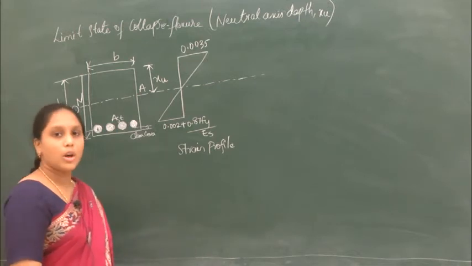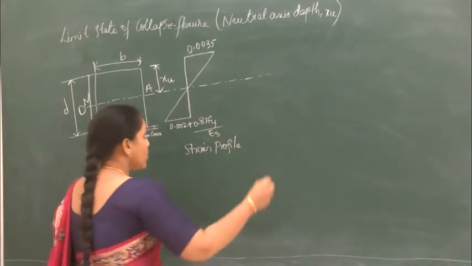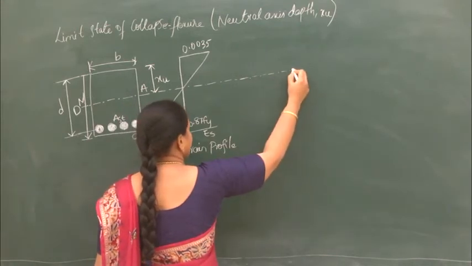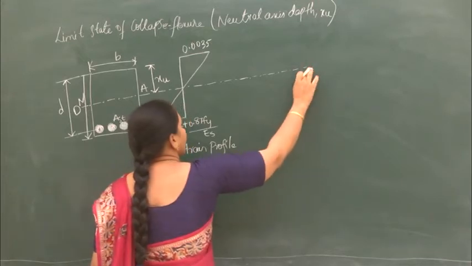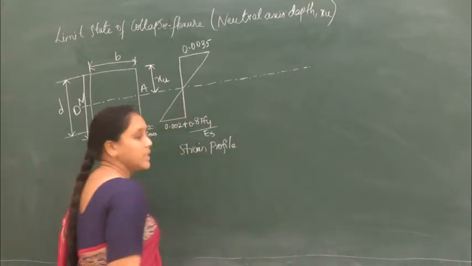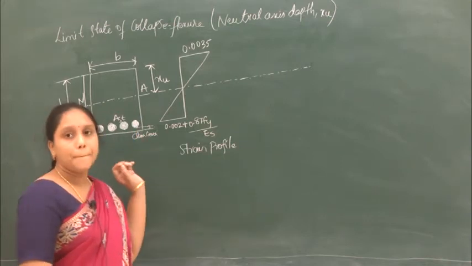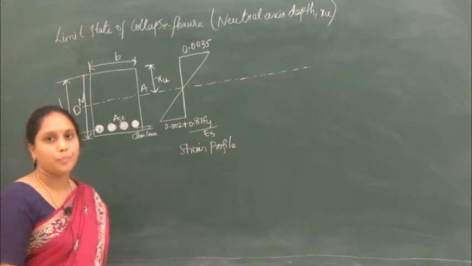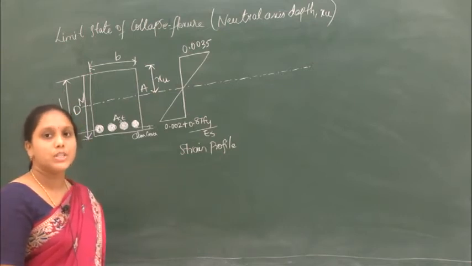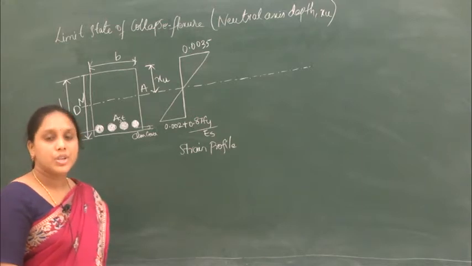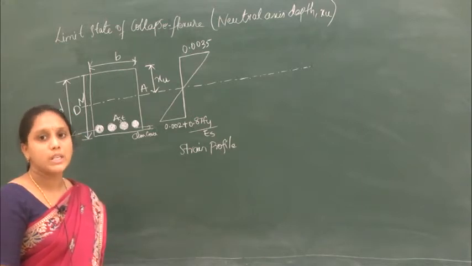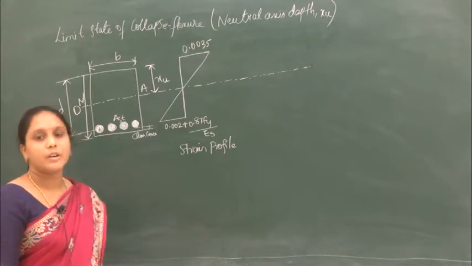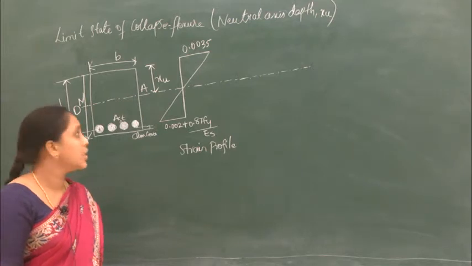Now let us draw the stress profile. So what is the next assumption we have seen? The next assumption is, up to a strain of 0.002, the stress strain curve for concrete is parabola, and from that the stress strain curve will be linear. Is it or not?